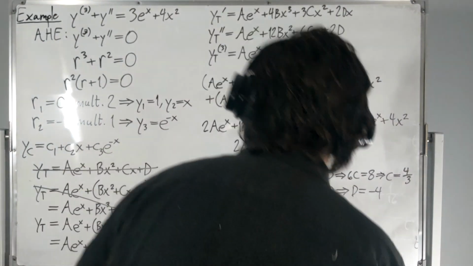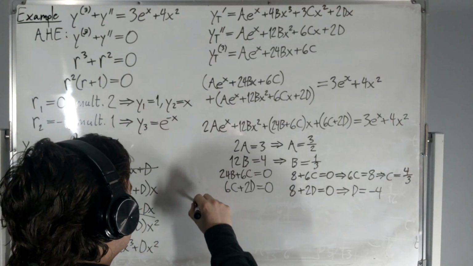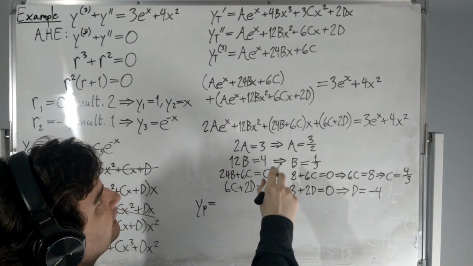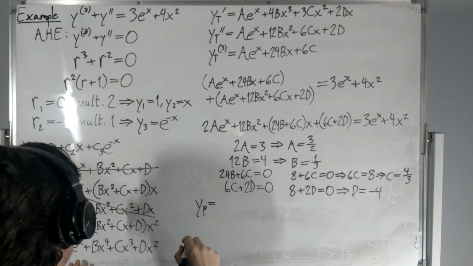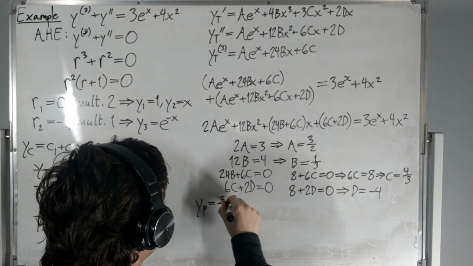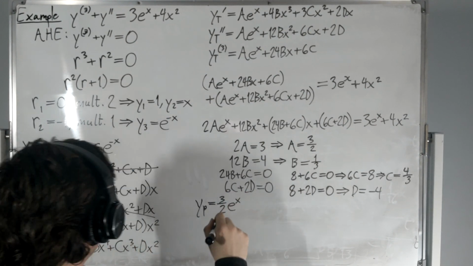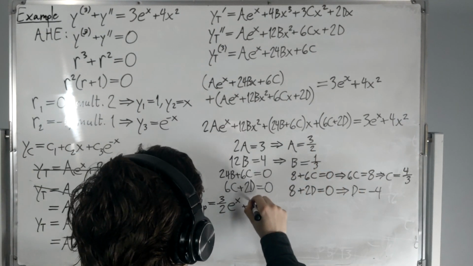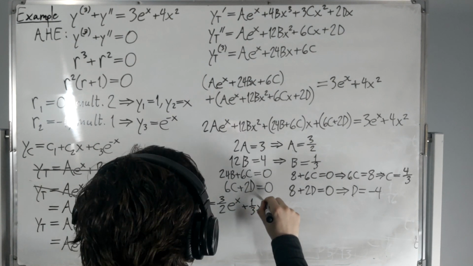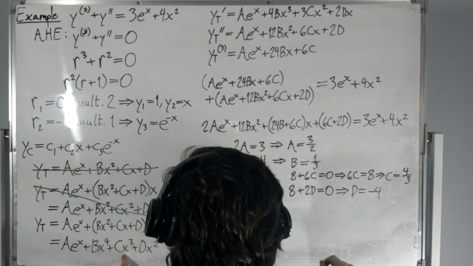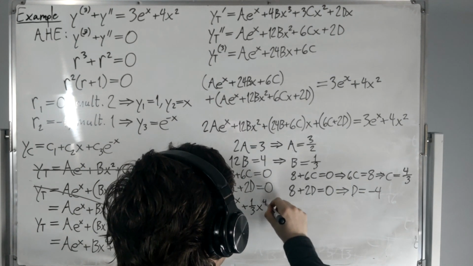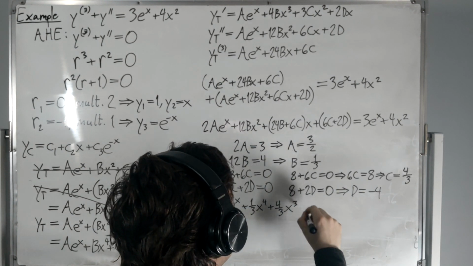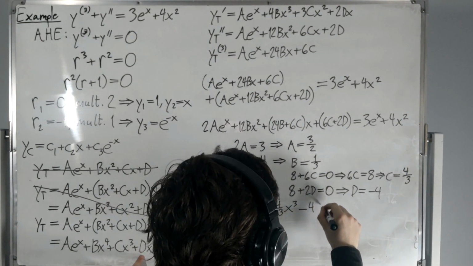So the particular solution that we're looking for, yp, that's going to be, let's see here, 3/2 of e to the x plus 1/3 x to the 4th plus 4/3 x cubed minus 4x squared.